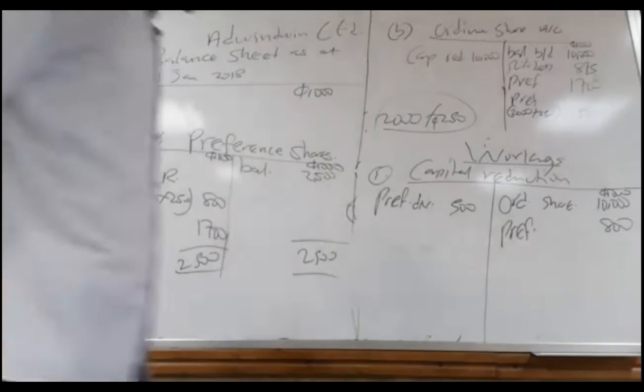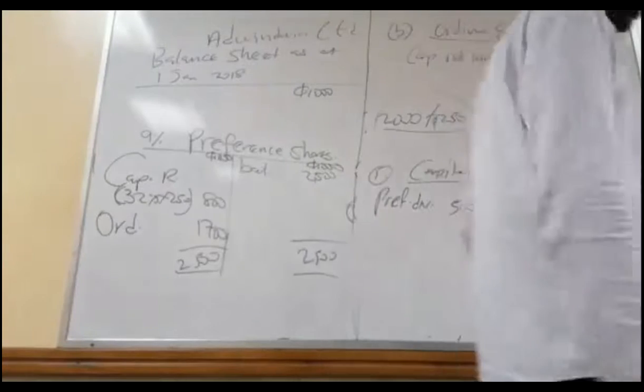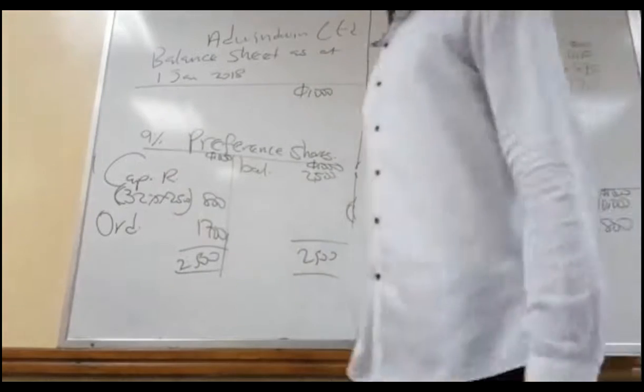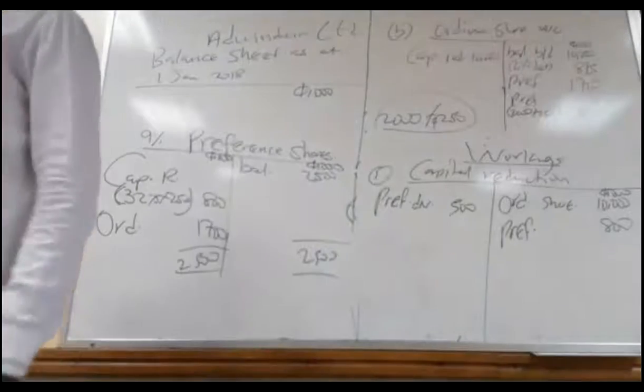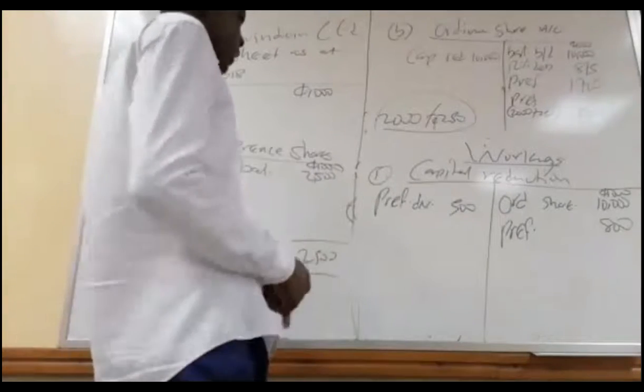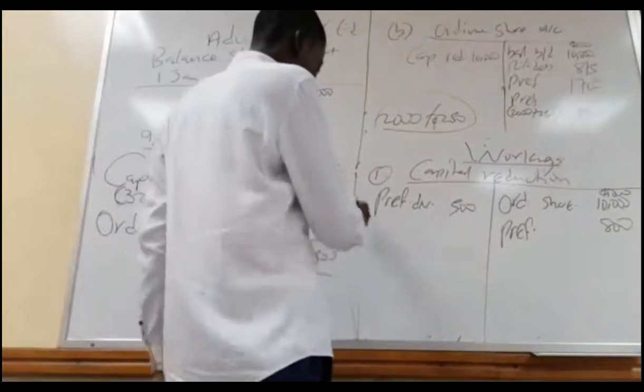Okay, so basically, that is what we will do. It ends there. That's all. I don't give the long approach. The long approach is to find the total dividend which is in arrears, 4 years. The preference dividend is a 9% cumulative dividend on cumulative shares.